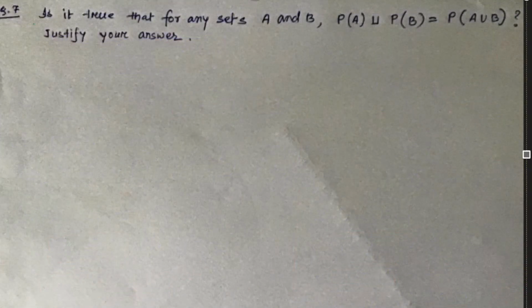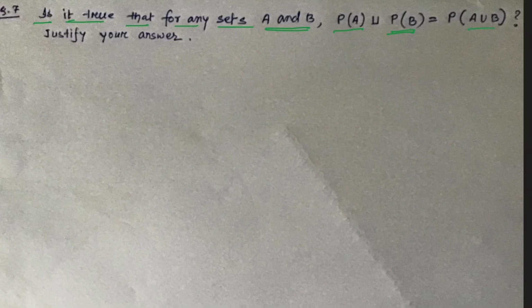Now let us solve question number 7. Is it true that for any sets A and B, the power set of A union the power set of B is equal to the power set of A union B?